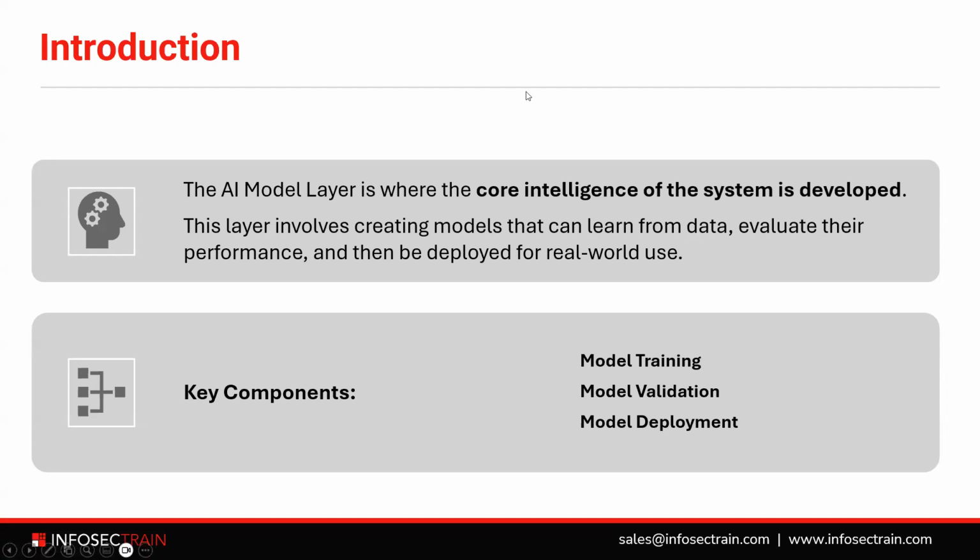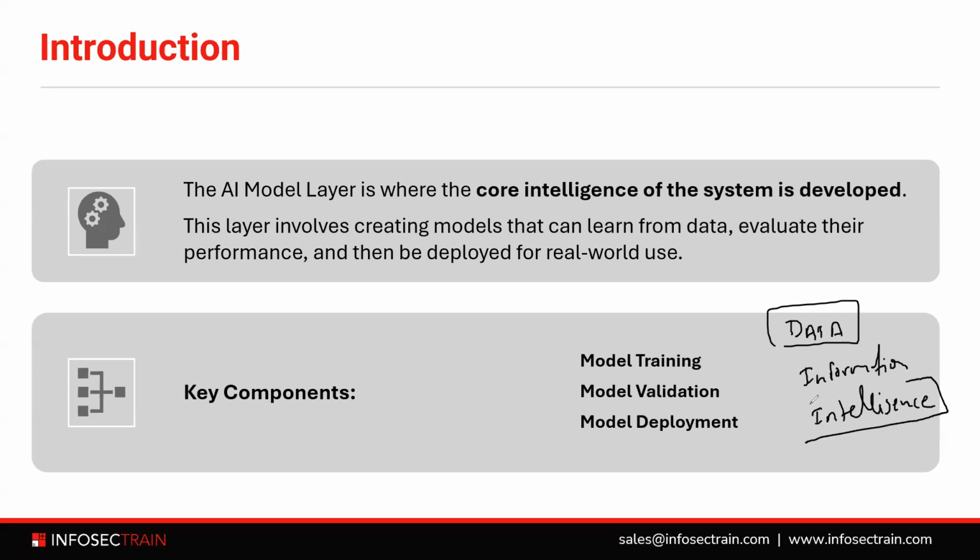See, we have three things here. One is called data. One is called information. And one is called intelligence. Is it clear?